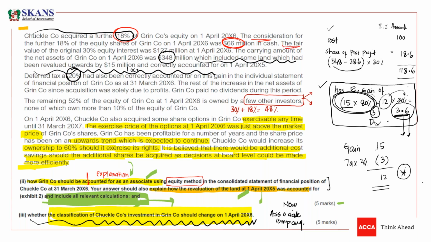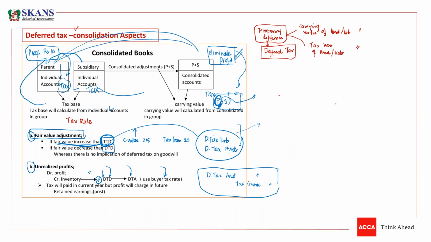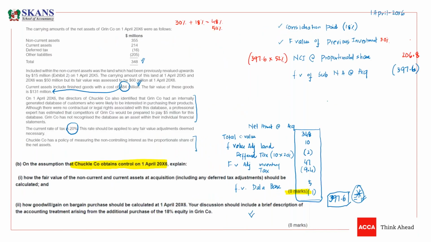And the fair value of the original 30% investment is 127. So these are the values that we'll be using for goodwill calculation. The previous 30% investment has a fair value of 127, and currently we are paying 66.